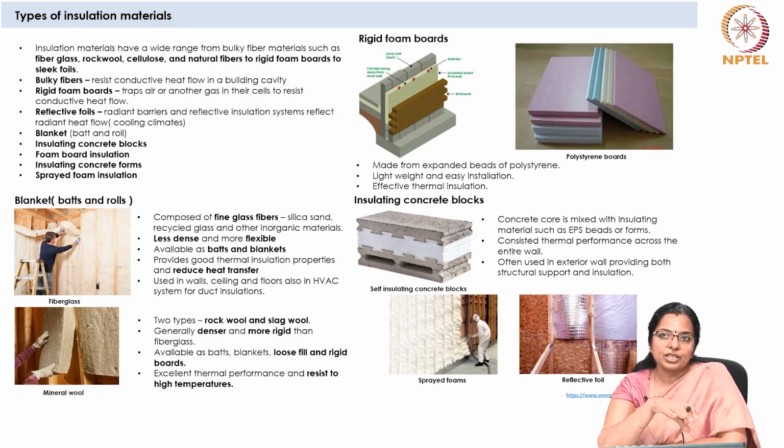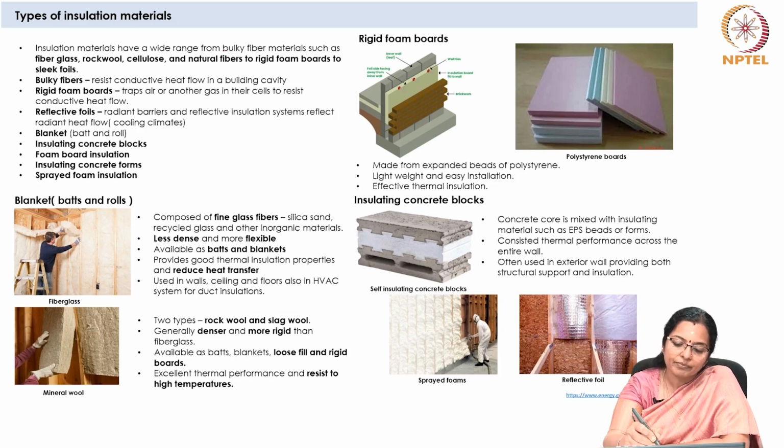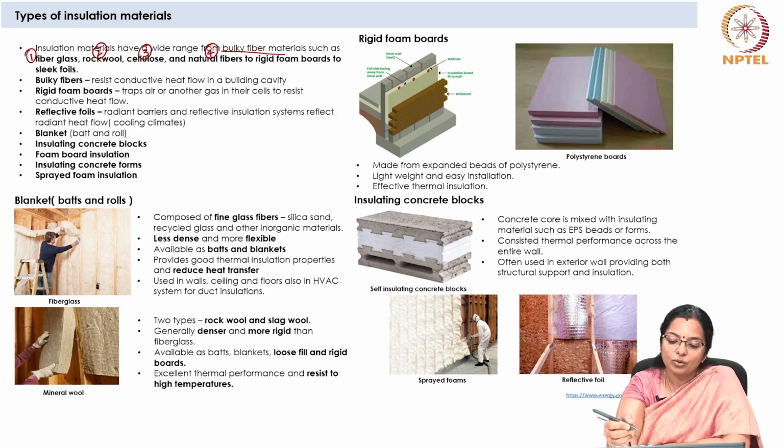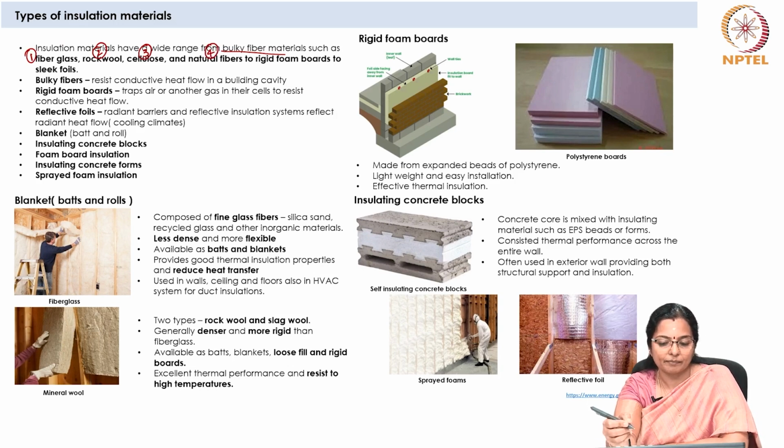Now, these insulation materials have a wide range of classification from bulky fiber materials such as fiberglass, rock wool, cellulose and natural fibers to very rigid foam boards and sleek foils.